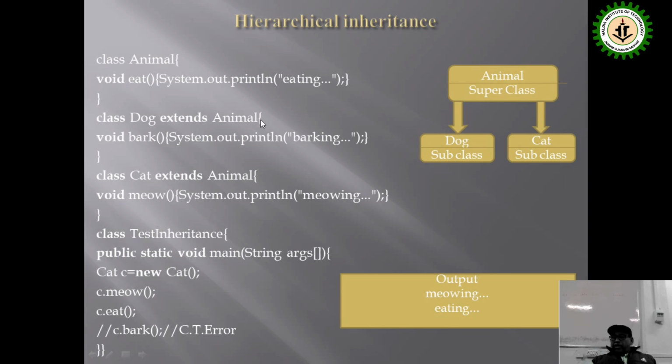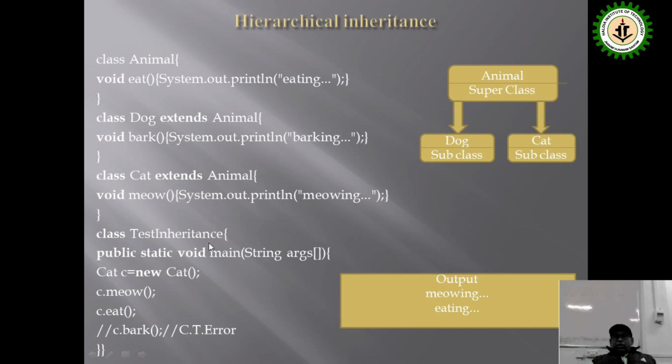Dog extends animal, and it has a method void bark. I just define the method bark. Then another child class, cat. Cat is another child class, extends animal. It has a method meow. Then I define the method.